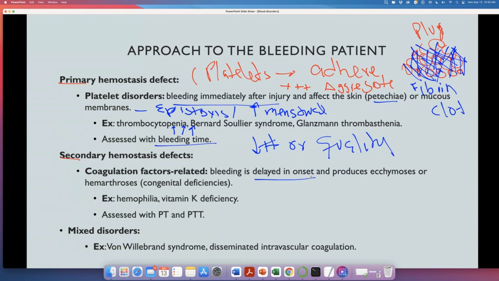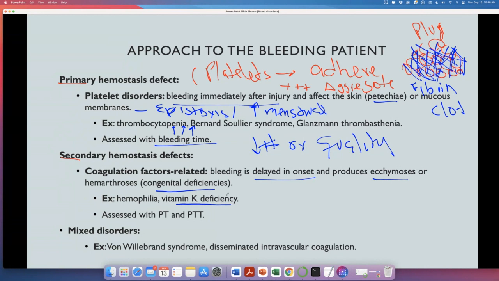And the next day they wake up with a swollen knee, swollen elbow, or some important intramuscular or intra-articular bleedings. And they have lots of large ecchymoses or bruises on the skin, or sometimes taking a huge area, or hemarthrosis. These are typically due to congenital defects, for example, hemophilia, or maybe due to vitamin K deficiency.